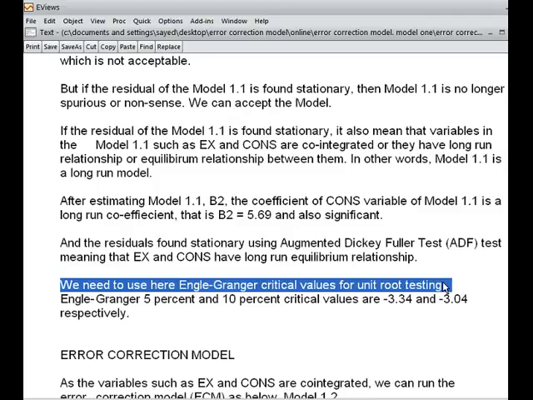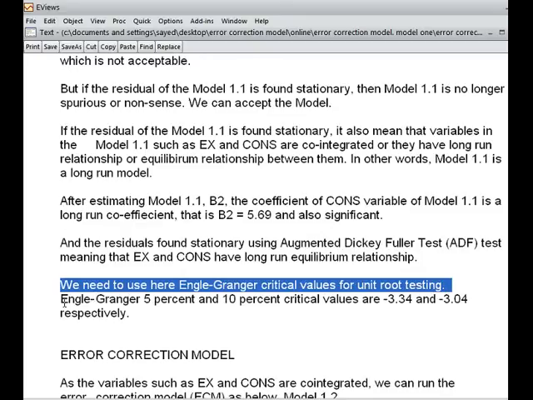What is called stationary? Stationary means there is no unit root. And what does it mean by non-stationary? Meaning that our residual has a unit root. That is called non-stationary or unit root.